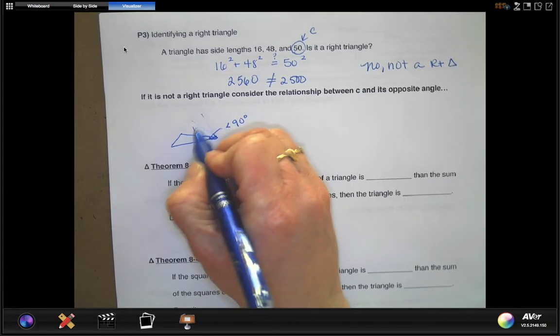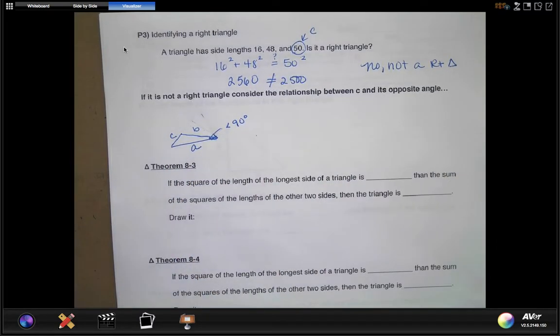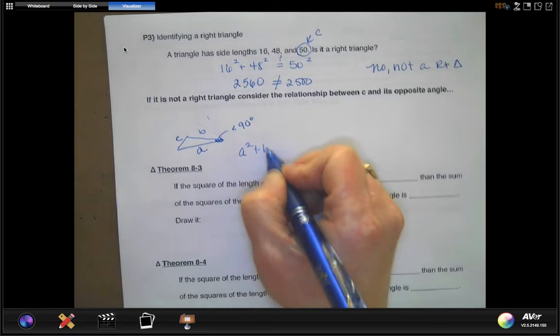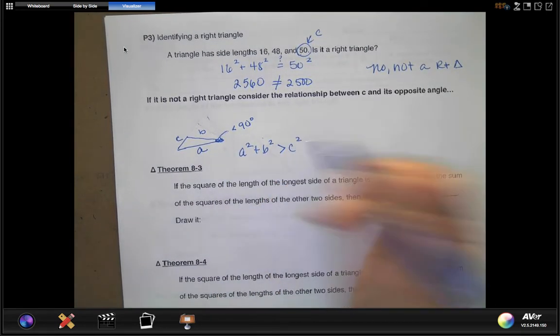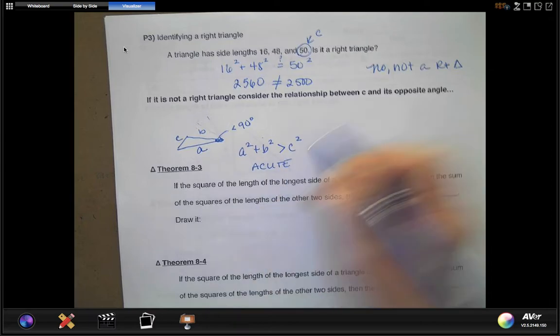And I got B, C, and A here. So if that angle is less than 90, then when I add up A squared and B squared, that is going to be bigger than my C squared side.